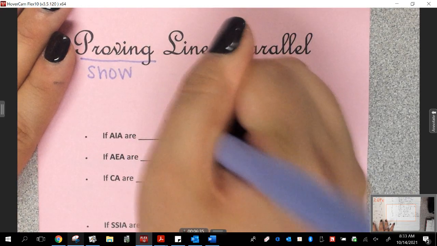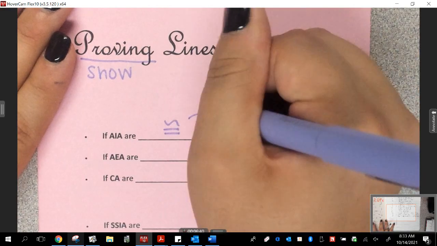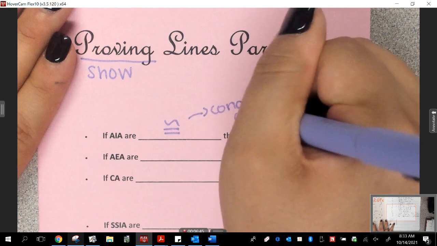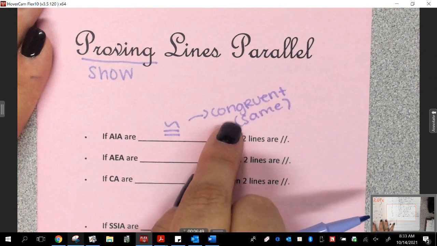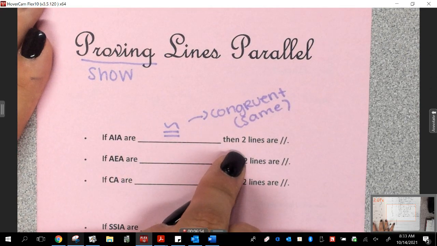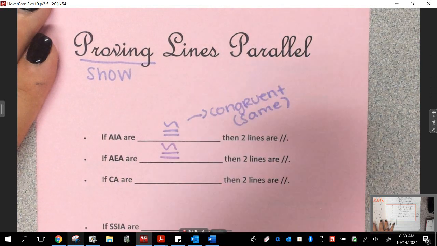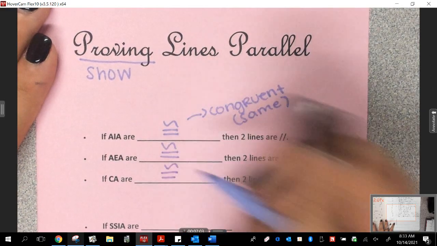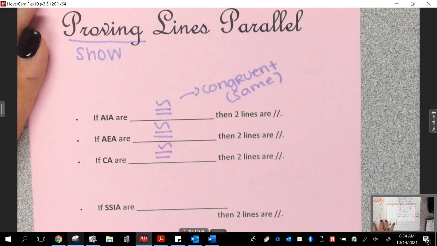Y'all, I'm talking, don't be rude. What does this symbol mean? Congruent. So that symbol means congruent or same. If AIA are congruent, then the lines are parallel. What about AEA? What about CA? So if they are the same, then the lines are parallel.